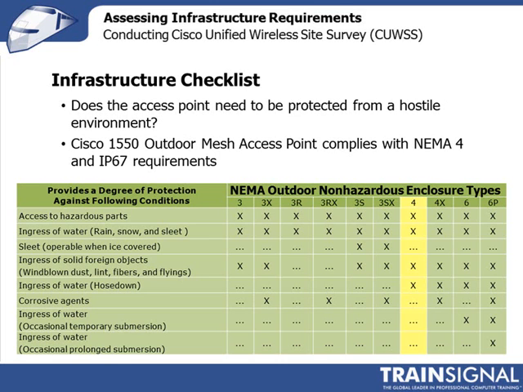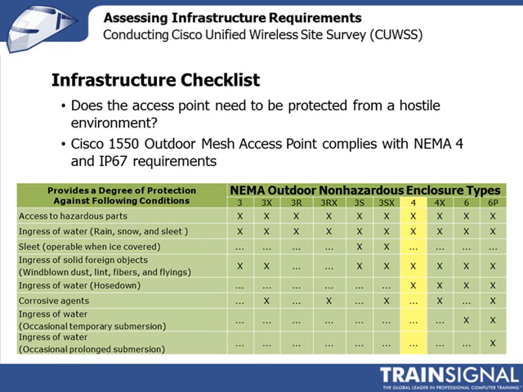However, you'll notice that this is not protected if this access point was actually submersed in water. And if you wanted that kind of feature, or you wanted protection against corrosive agents, then you'd need to go up to a higher number in terms of your enclosure type. I've also mentioned here that the Cisco 1550 outdoor mesh complies with the IP67 requirements as well.